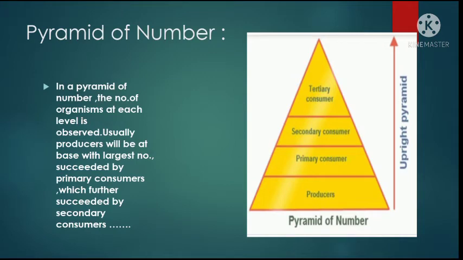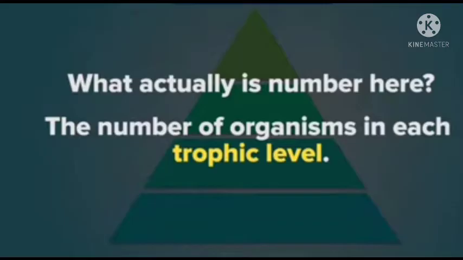Pyramid of number. Now what does number actually mean? Number means the number of organisms in each trophic level, how many organisms are there in each trophic level. Suppose we see the base. In a food chain, grass is eaten by the deer, which is eaten by the lion. So we will see first the number of grasses.